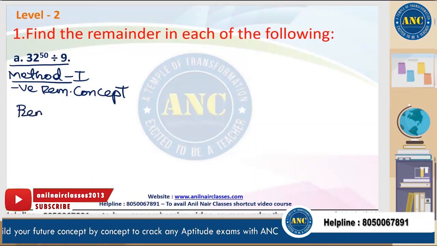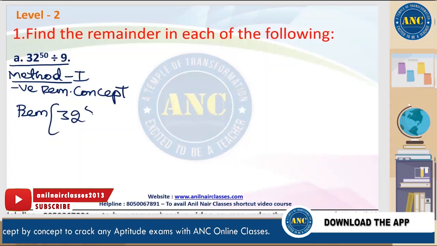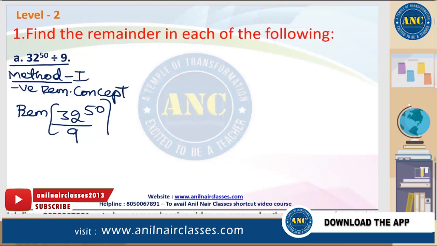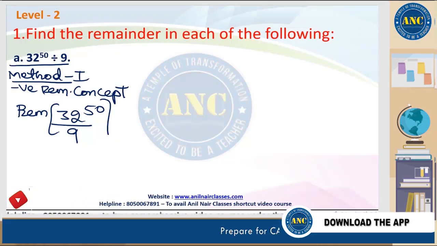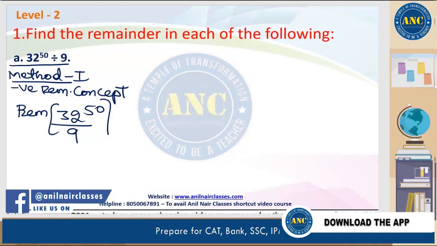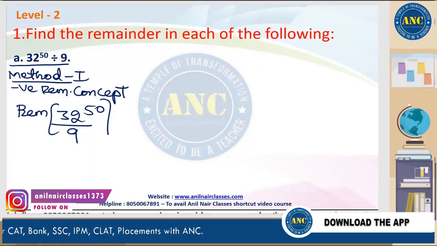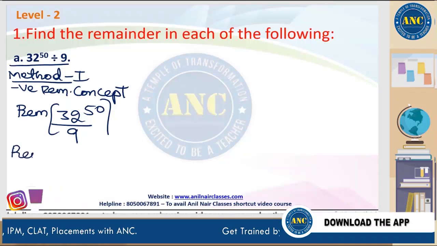Now, if you see remainder 1, 32 power 50 divided by 9. Forget about the powers. First divide 32 by 9. 9 3s are 27, remainder is 5. So 9 4s are 36, negative remainder is minus 4. Either you can use plus 5 or minus 4. Both will give you the answer.